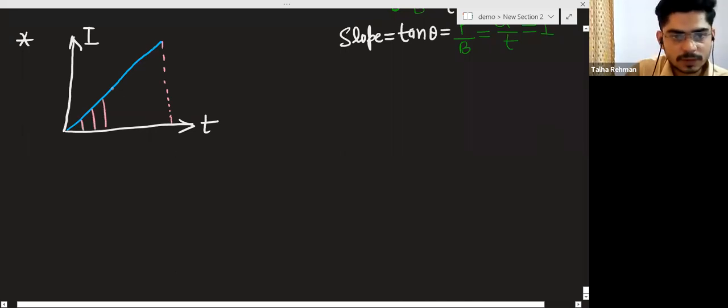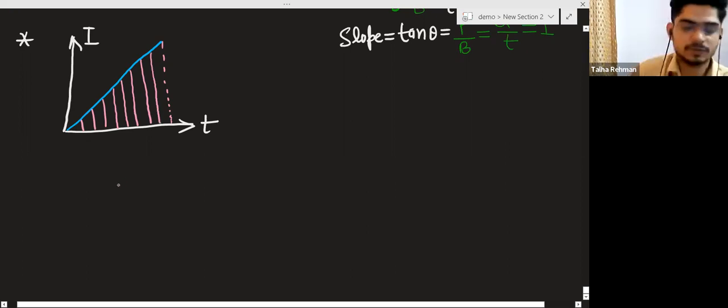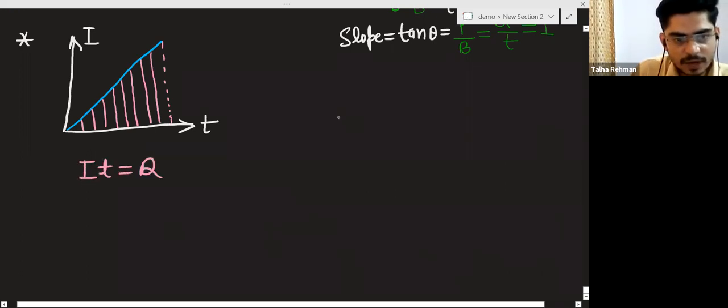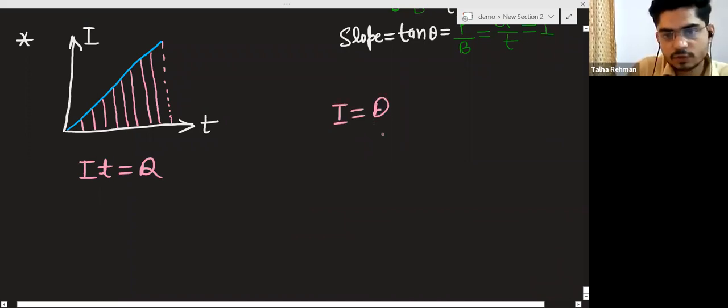The area of this will give us the charge. This is the triangle, no? We know that I into T is equal to Q. We have written I is equal to Q by T, so from here I can write Q is equal to IT.